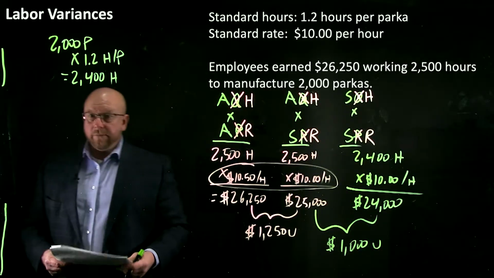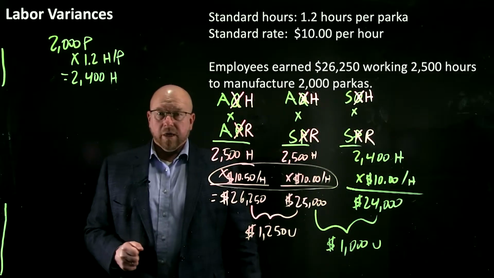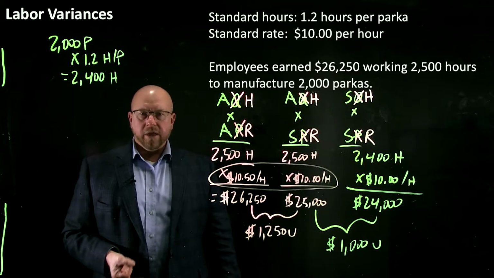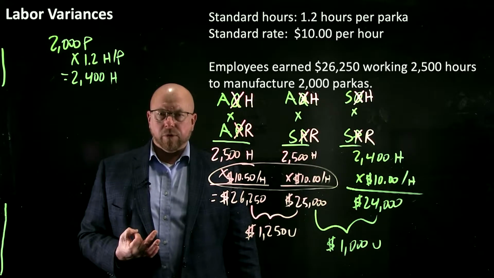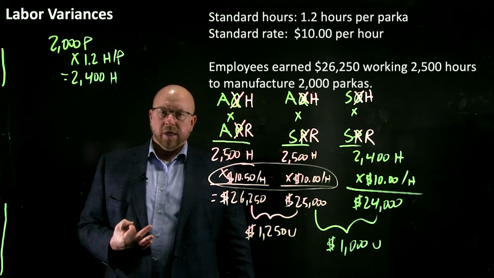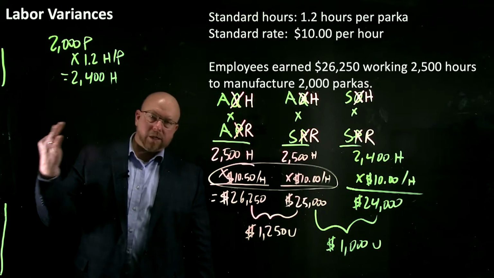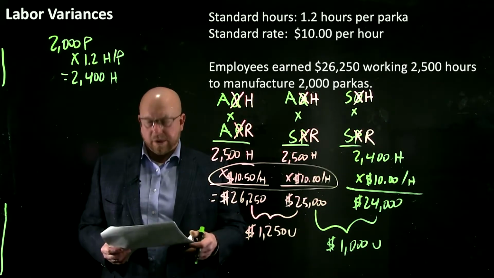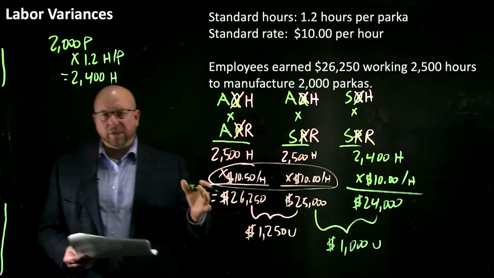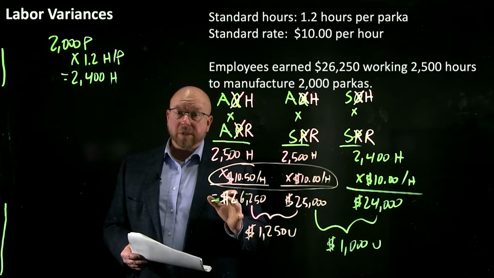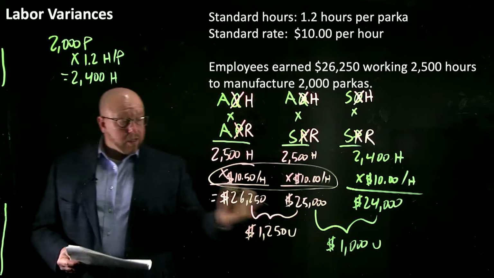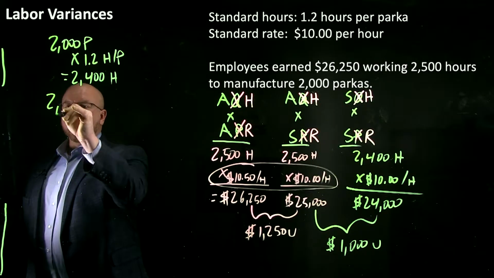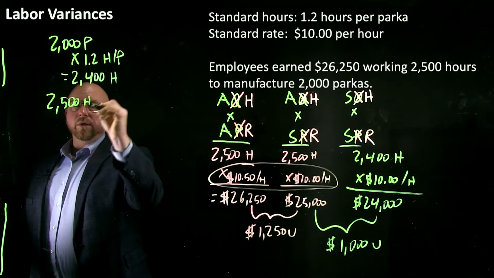We can double check it. I'm a huge fan of double checking. And why wouldn't you? If you have a way to double check yourself, you can almost grade some of your own problems on exams. Do it one way, double check it the other way, smile, move on to the next question, or go home once the exam's done. It'll give you a confidence level, and it will uncover mistakes and help you correct those mistakes. So let's double check it. The standard is 2,400. We actually used 2,500 hours.